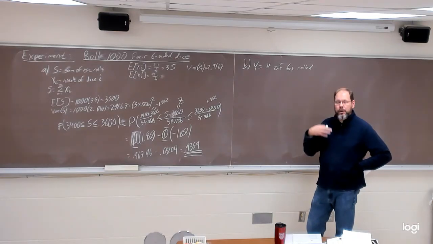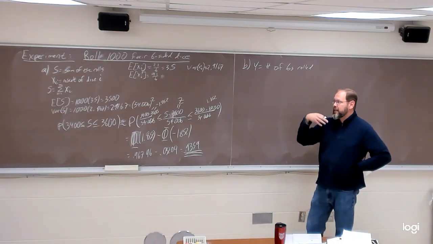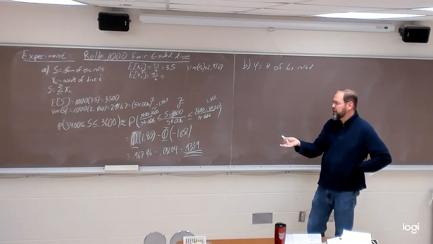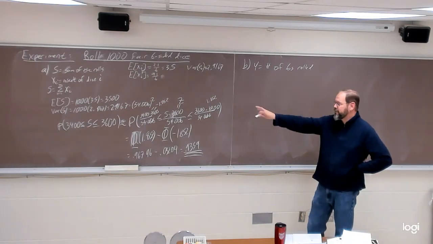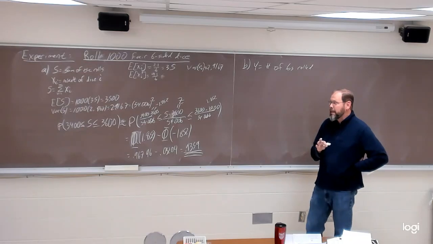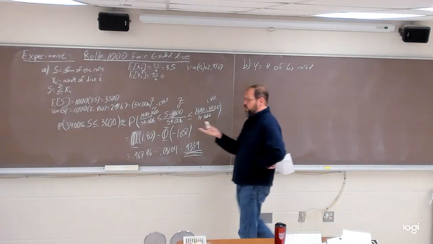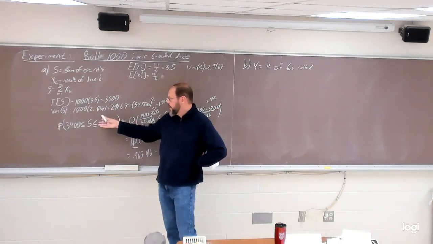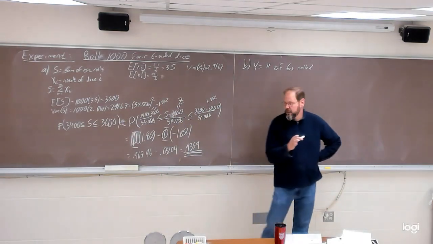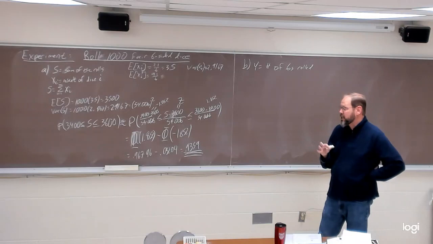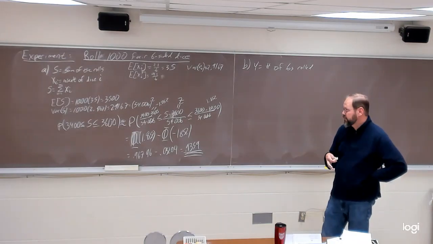Even though I'm rolling so many dice, and there could be so many different results, only a little more than 6% of the time do I fall outside of that range. So if I roll those dice and end up with a sum of 3,300, I'd have to start questioning whether those dice are actually fair dice. Because that's not something that would normally happen.